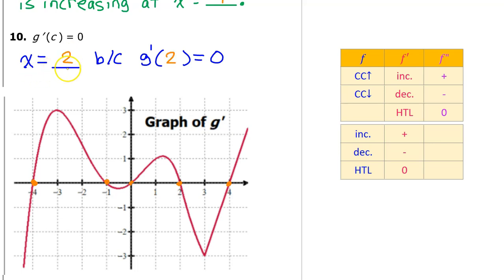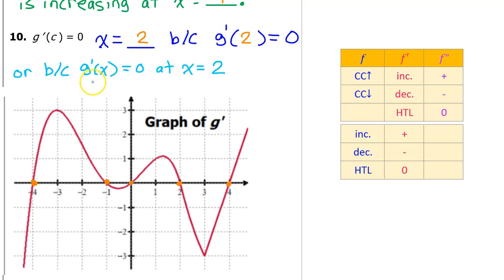You can say x equals 2 because g prime at 2 equals 0. Or you can say it the slightly longer way and say because g prime of x is equal to 0 at x equals 2. But remember, we can use the short way when we are talking about a function that is less than 0, greater than 0, or equal to 0.